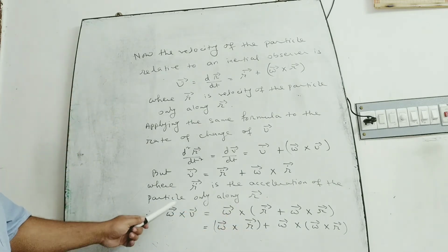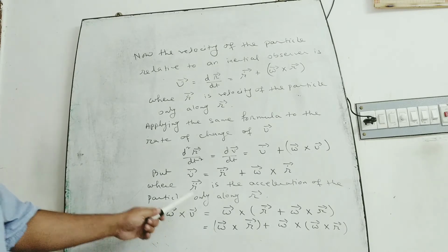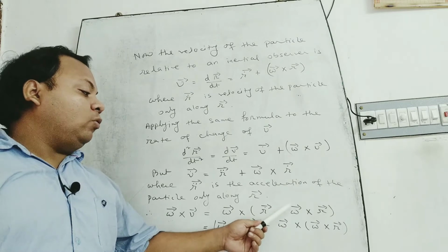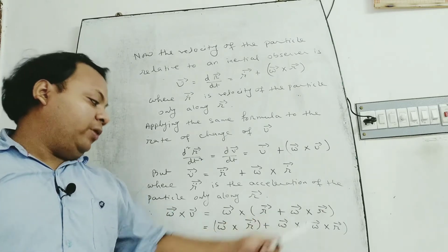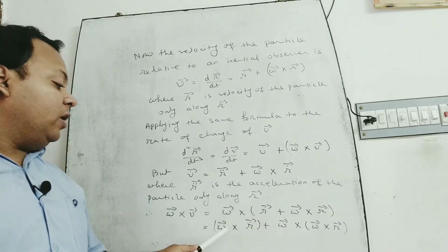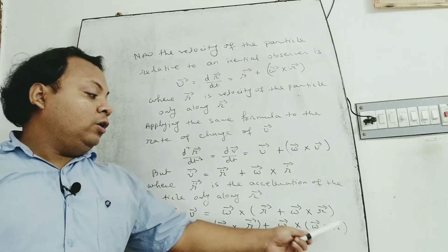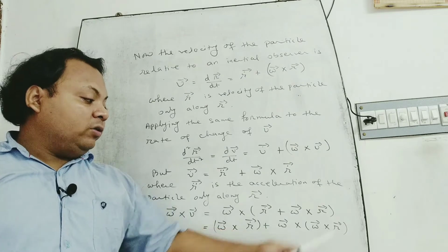Therefore, omega vector cross v vector is equal to omega cross r dot vector plus omega vector cross omega cross r vector. This is equal to omega vector cross r dot vector plus omega cross, in brackets, omega cross r.